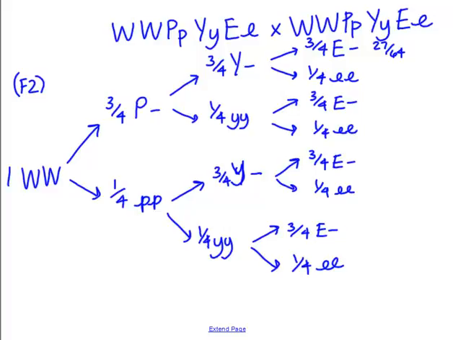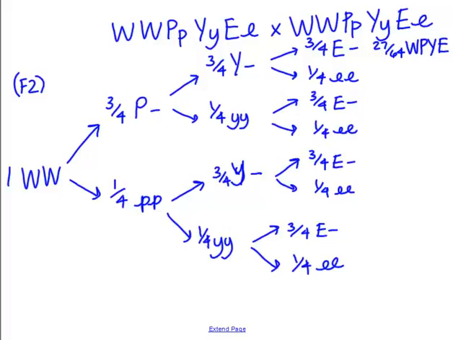So we'll go through the pathway later to see what the actual phenotype is, like what flower color. But for now, let's just write the shorthand version of phenotype. So it's 27/64, big W, big P, big Y, big E.